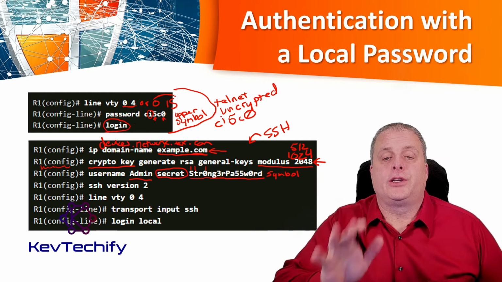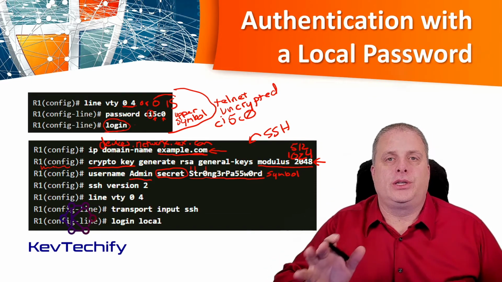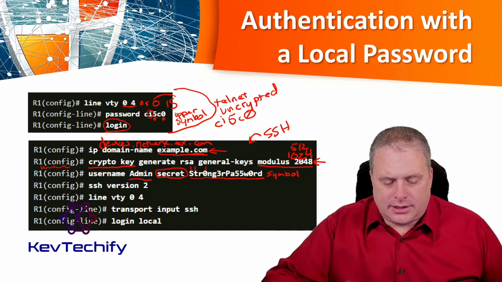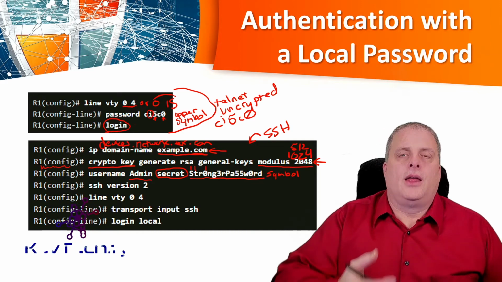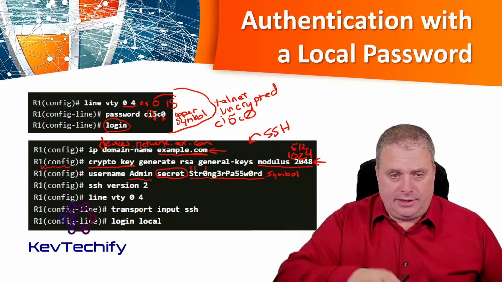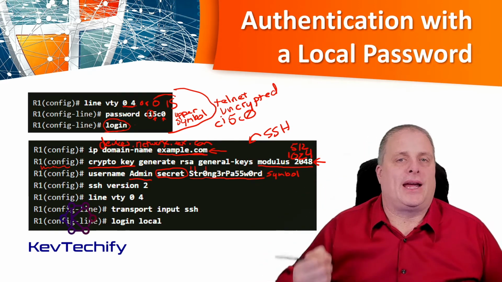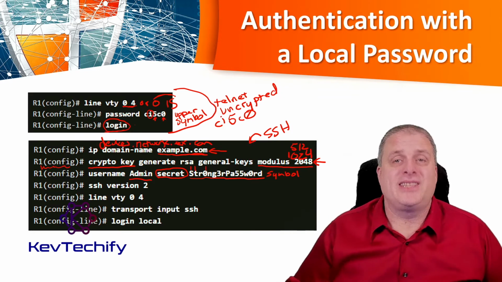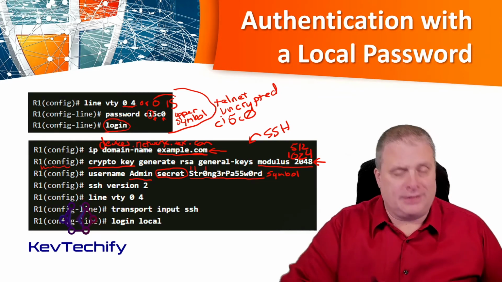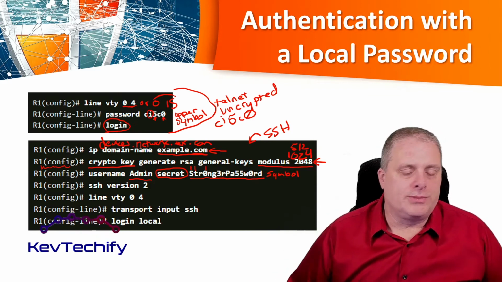Older systems used to get tripped up on symbols. They used to not accept symbols in there. As systems have evolved, more and more operating systems and different devices start to allow you to have symbols in your passwords. The common symbols, the shift number symbols, are typically accepted on most systems nowadays.